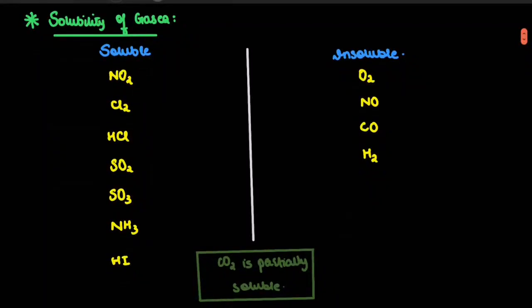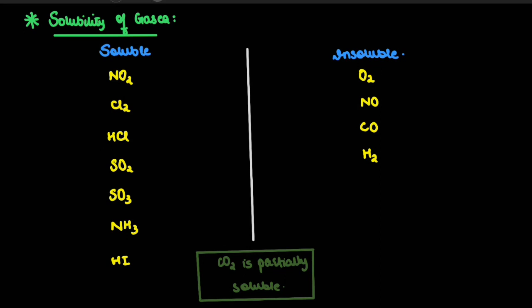All right, so here's a table that you need to memorize or you need to make sense of. First of all, you need to know the soluble gases. So nitrogen dioxide, chlorine, it's hydrochloric acid if it's dissolved in water, but you call it hydrogen chloride gas otherwise. So it's hydrogen chloride in this state, and sulfur dioxide, sulfur trioxide, ammonia, and hydrogen iodide gas.